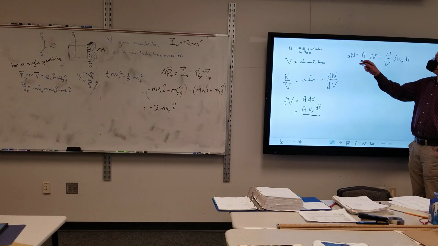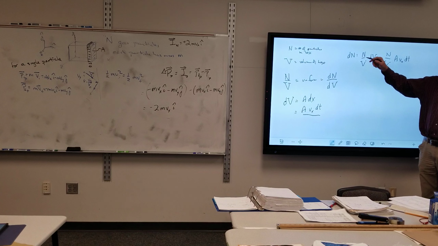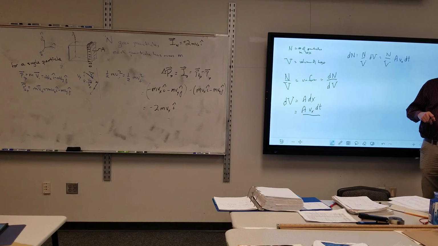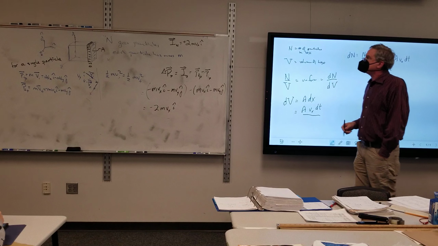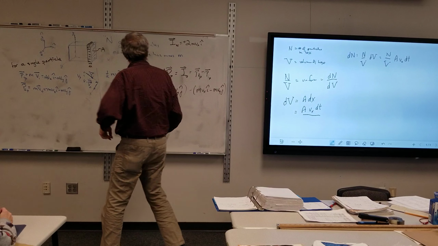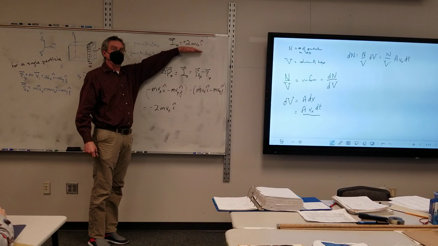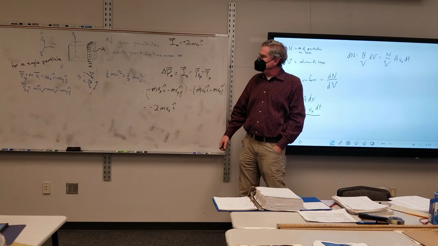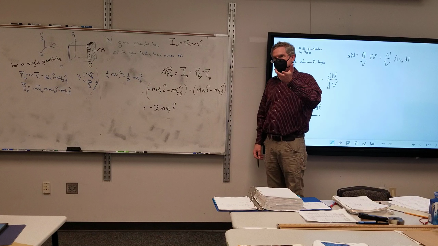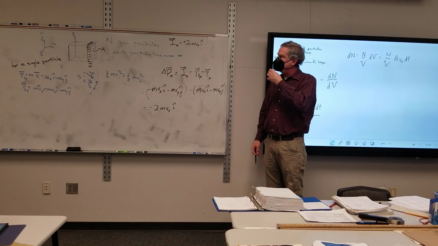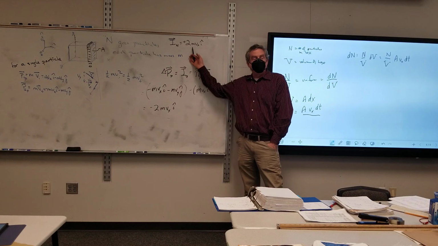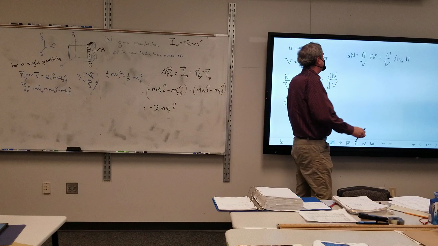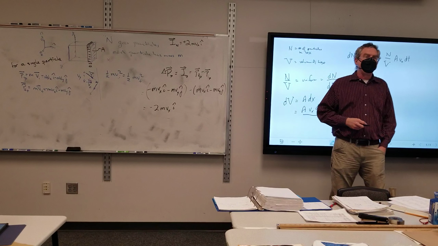All right, so this would be the number of particles that is actually going to hit the wall. It's some tiny amount. I know each particle hitting the wall is going to exert that much impulse. So the total impulse applied to the wall is just going to be that times the number of particles that do it, so it's that times dN.